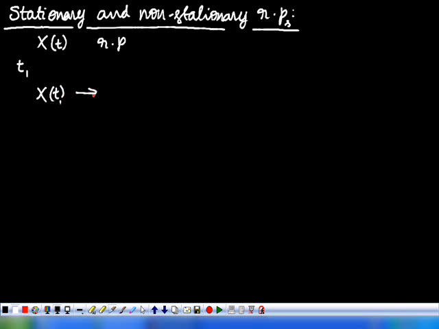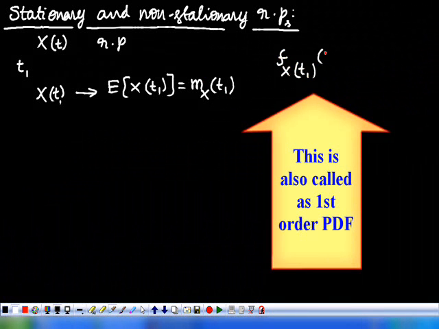If you know this random variable, from this we can obtain the expectation of x of t1, which can be denoted as mx of t1. In order to evaluate the mean value of the random process, we need to have fx of t1 of x1. This is called the marginal probability density function, the probability density function of the random variable x of t1.